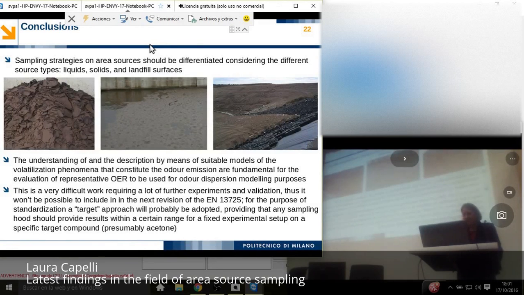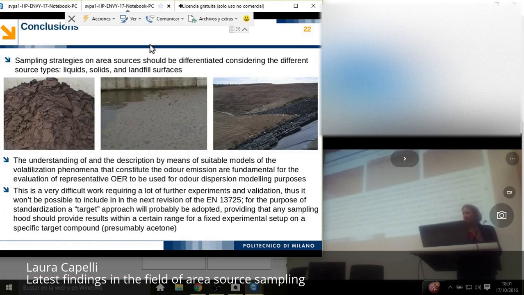not only probably, that's presumably what will be done, is to propose a target approach, which means that no specific indications will be given about how the hood should look, but indications will be given about how the hood should perform.